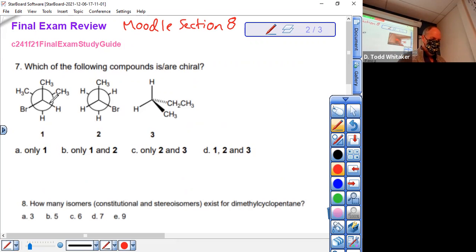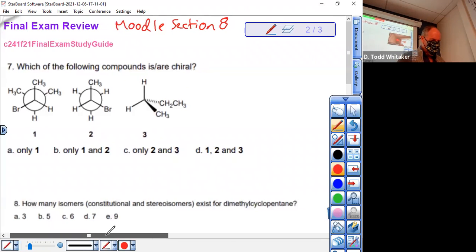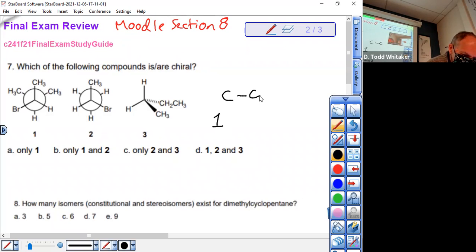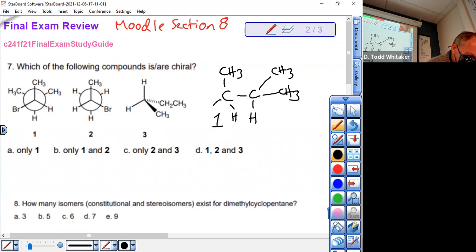Now, number one, just do a quick redraw of the molecule, and you'll see that it looks like this. It's got the front carbon, back carbon. It has a couple methyls on the back carbon, and the back carbon has an H. The front carbon has a CH3 and an H and a Br.